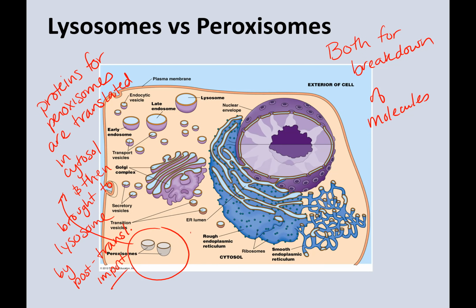So they're made on a free-floating ribosome, translated, and then imported into the peroxisome.